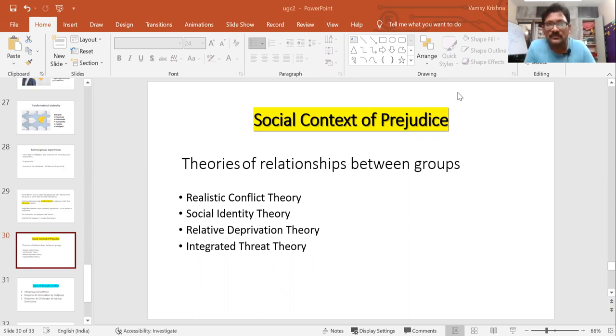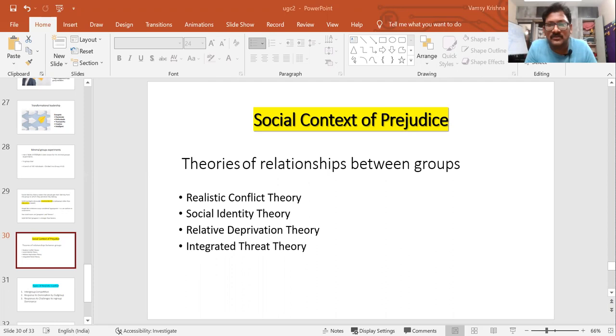So realistic conflict theory would pose that competition leads to conflict, and that leads to prejudice. So this is something by which we can explain prejudice and discrimination with different types of theories, and we have started with realistic conflict theory. So when there is a competition, it leads to conflict and that leads to prejudice.